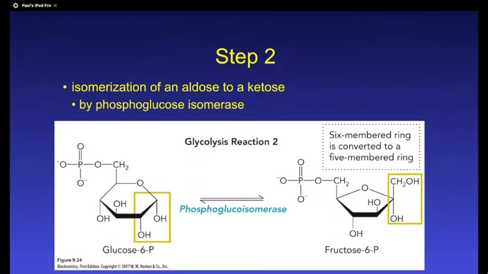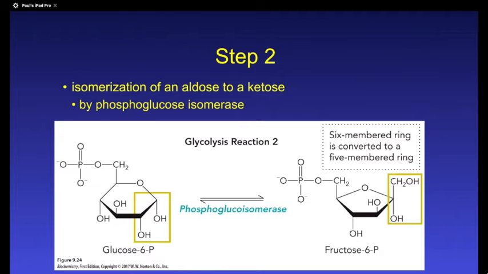Okay. The second reaction is an isomerization from an aldose to a ketose. It's done by phosphoglucose isomerase. Isomerase changes the structure, but if you look at the beginning and the end, the reactant and the product, there is no change in the number of atoms: the same number of protons, the same number of oxygens, the same number of carbons, same number of everything, just rearranged.